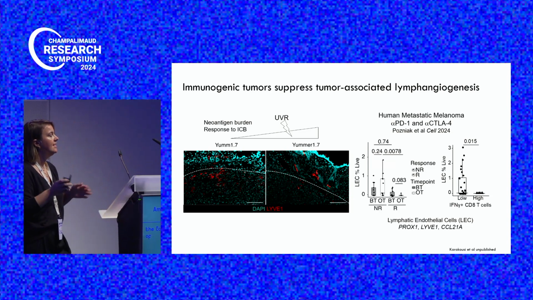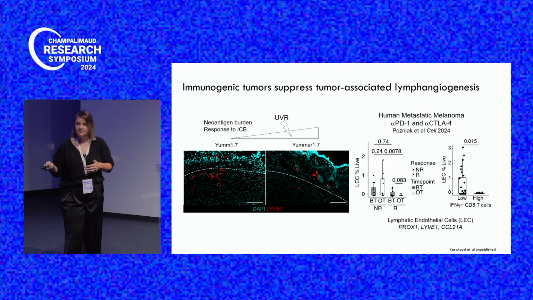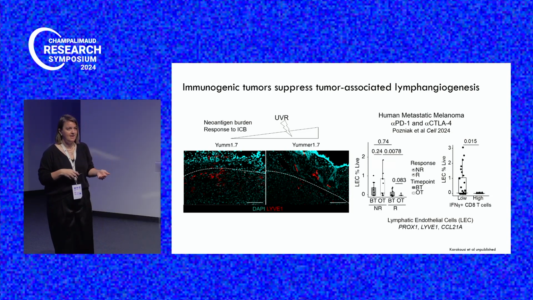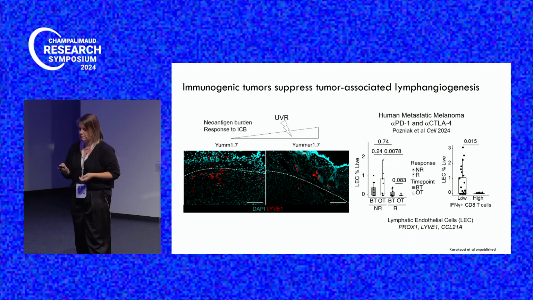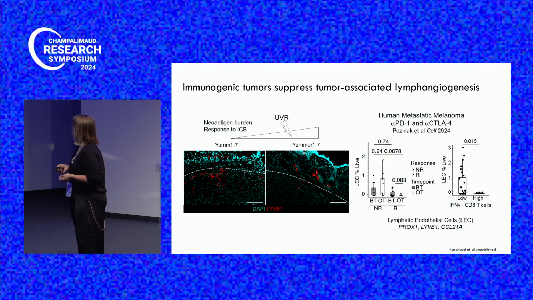And if you just look at the relationship between infiltrating immunity and lymphatic endothelial cells, you can see this really mutual exclusivity, which suggested to us that there's some crosstalk between these components that might be really interesting for us to explore.